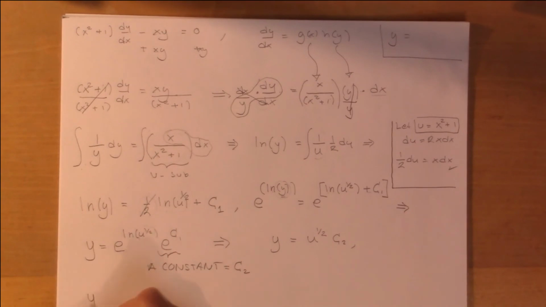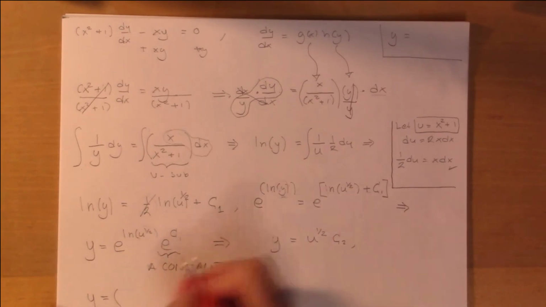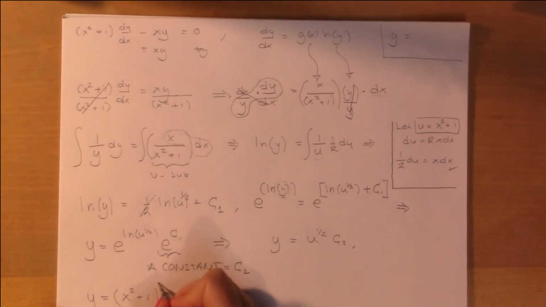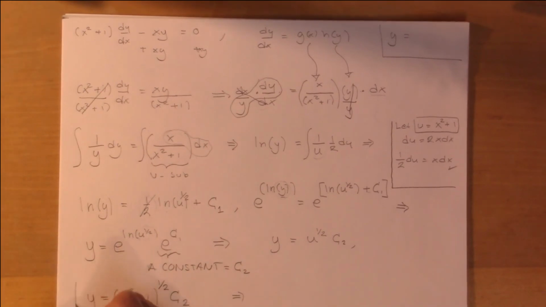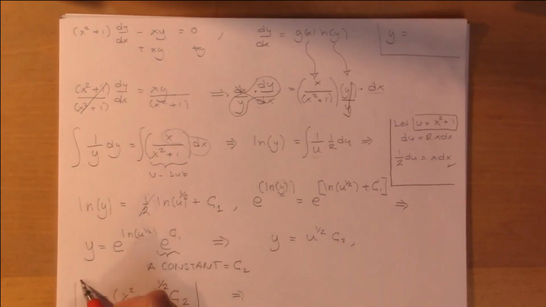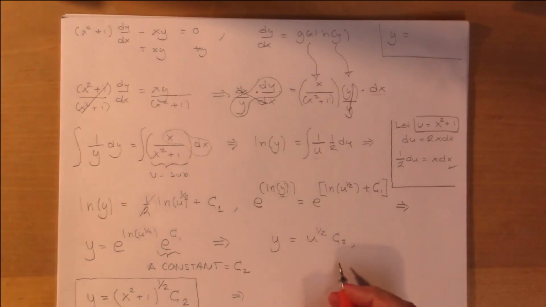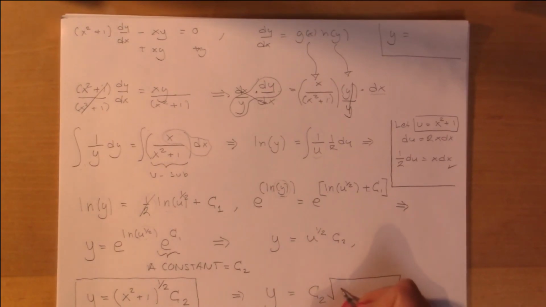We have y equals (x squared plus 1) to the power of 1/2 times that constant C2. I like to keep my roots as powers, and I'm going to box this one now because this is a valid answer. But if you prefer to write it out with the square root sign, then by all means go ahead and do so.